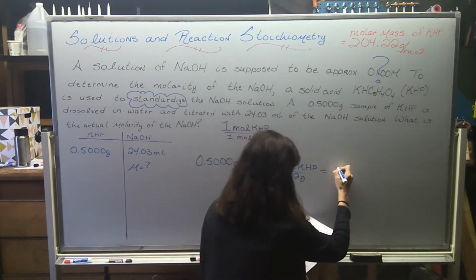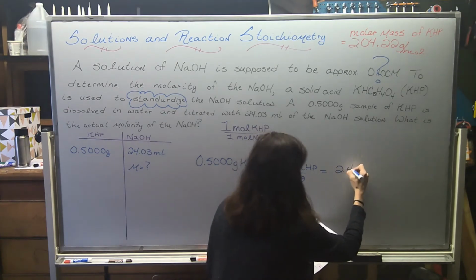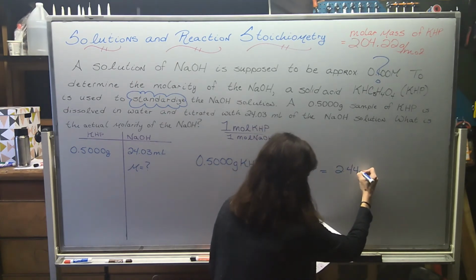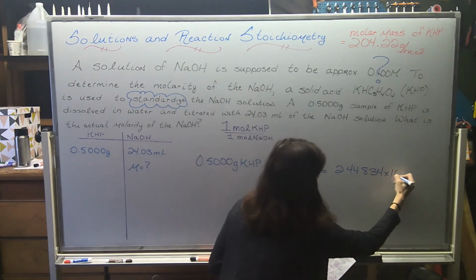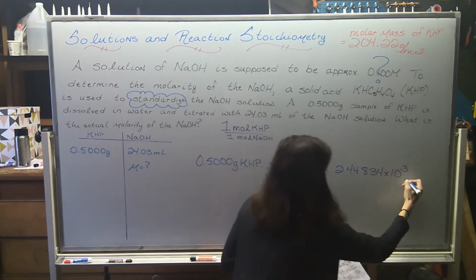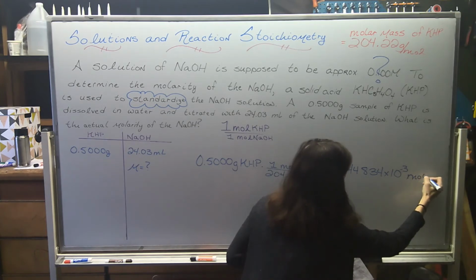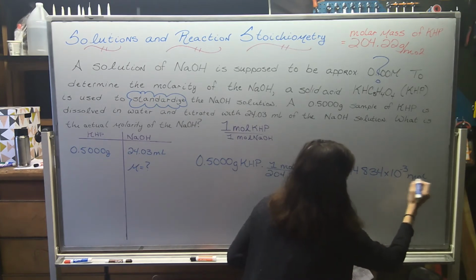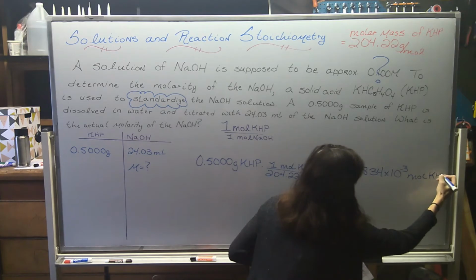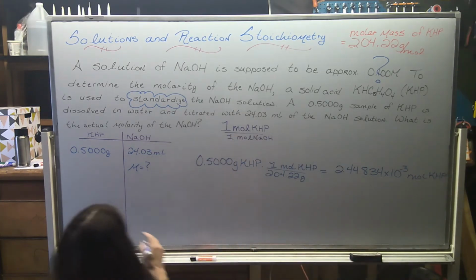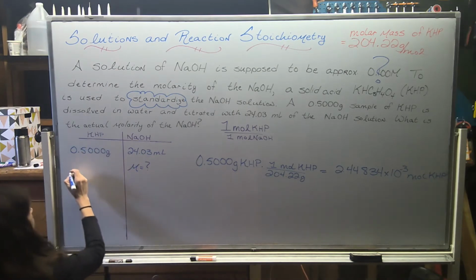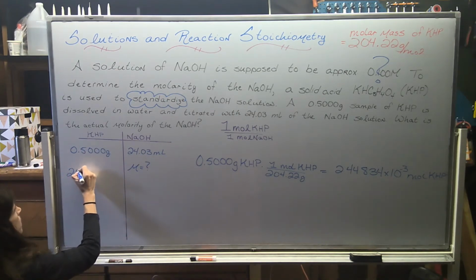So I'm looking at 2.44834 times 10 to the negative third moles of KHP. All right, so that value can go over here if I want.